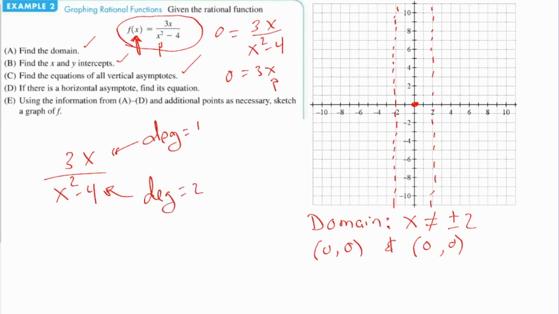If the degree of the numerator is greater than the denominator, we have a slant asymptote. If the denominator degree is greater than the numerator degree, then we have a horizontal asymptote through the x-axis, or y equals 0.